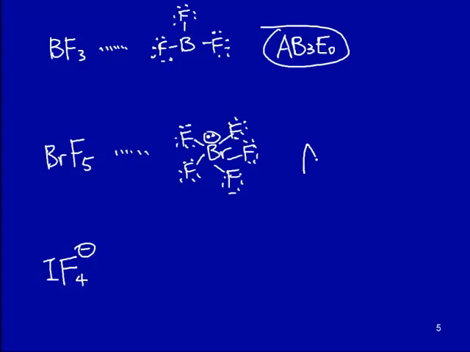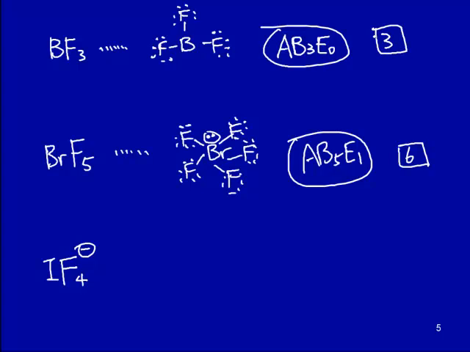So in this case, you should have AB5E1. So the total number of electron groups should be 6. For boron trifluoride, it will be 3.